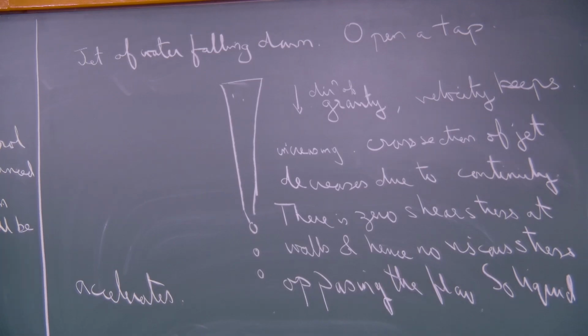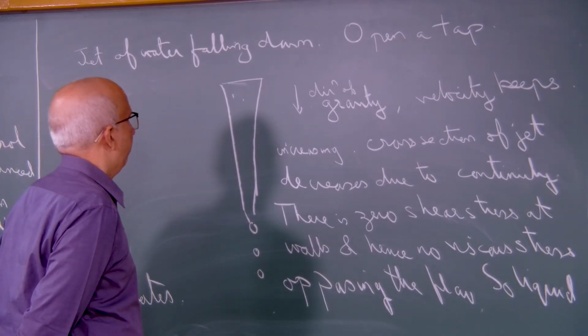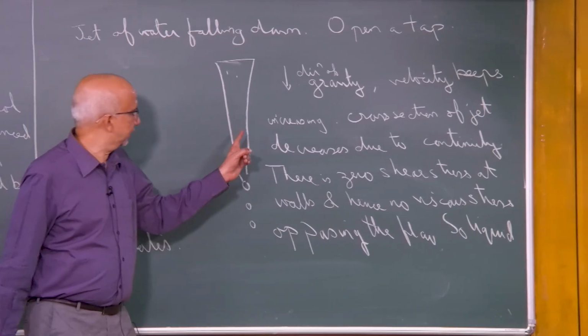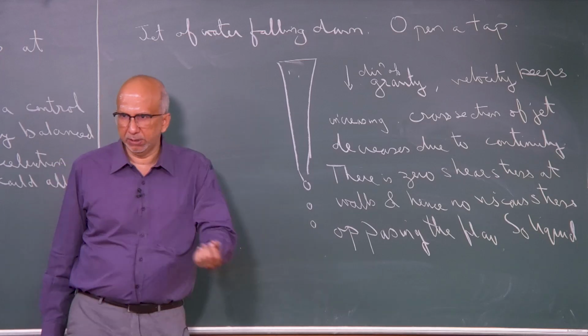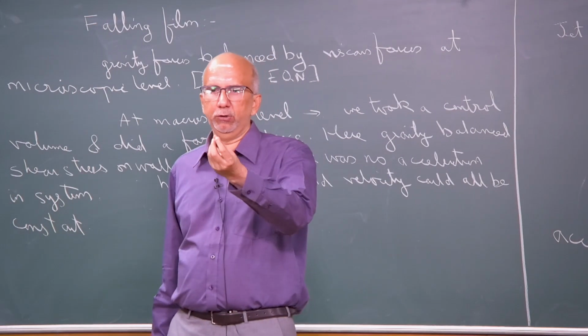Now, when you look at this second problem, this is the actual situation. As the cross sectional area becomes smaller and smaller, the surface tension effects will dominate and the liquid will break into drops.